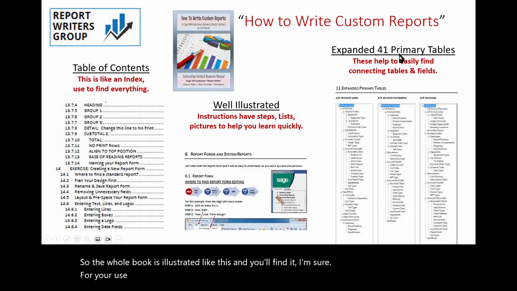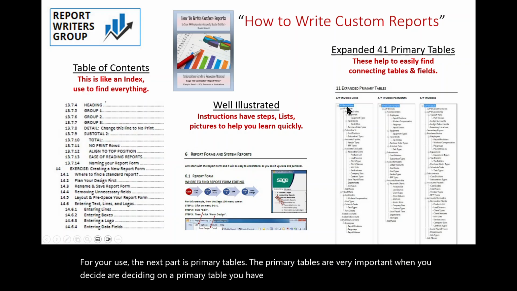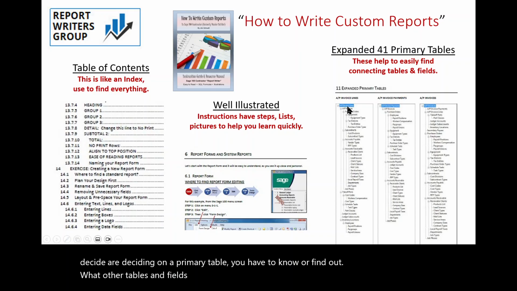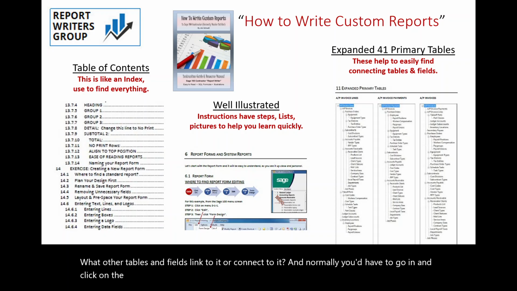The next part is primary tables. The primary tables are very important. When you are deciding on a primary table, you have to know or find out what other tables and fields link to it or connect to it. And normally you'd have to go in and click on the primary table and go over and click on each of these other tables like AP invoices or subcontracts and things like that.